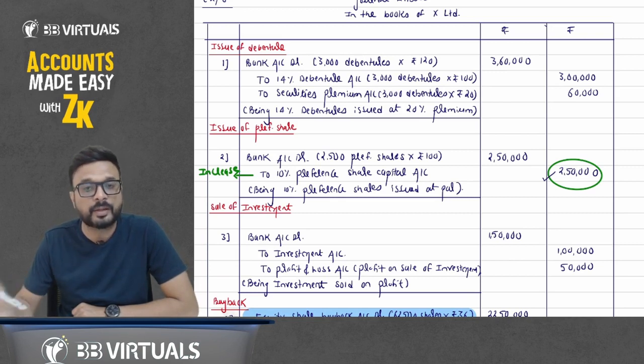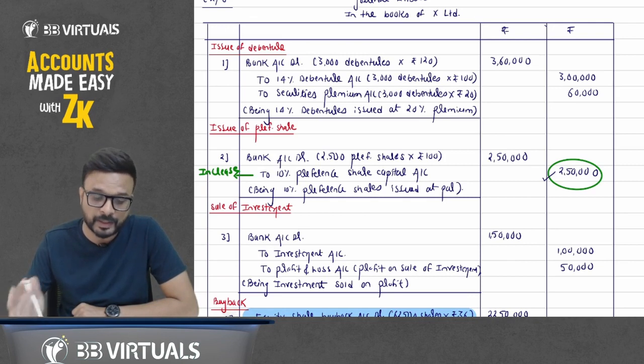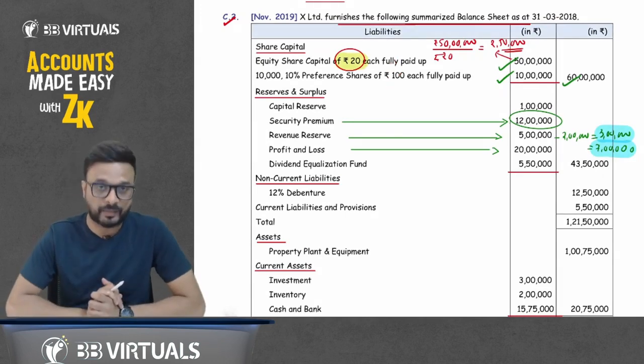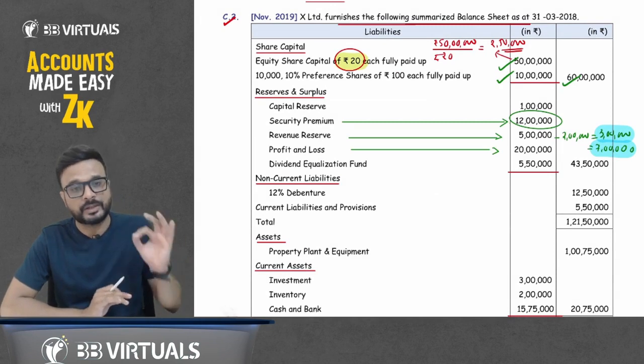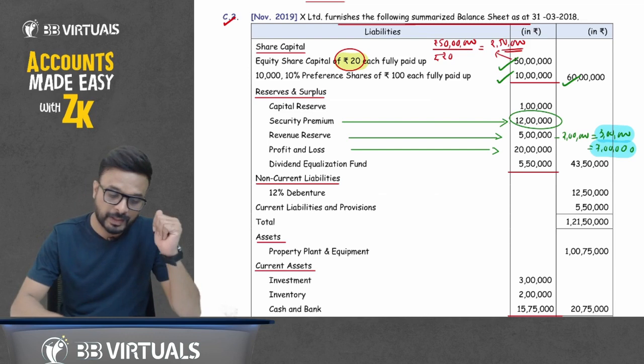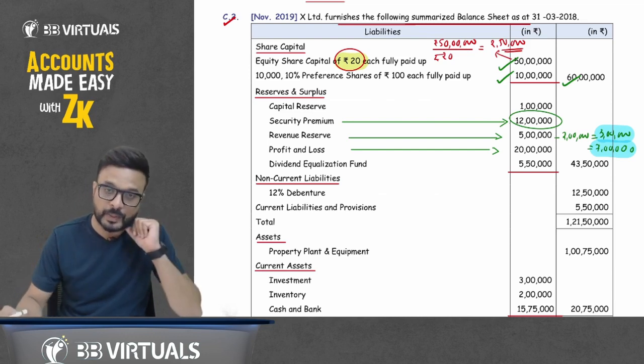So what is the total preference share capital? The total amount of preference share capital is 12,50,000, and one share is of rupees 100. So if the amount of capital is 12,50,000 and one share is of rupees 100, how many shares? 12,50,000 divided by 100, that comes 12,500.